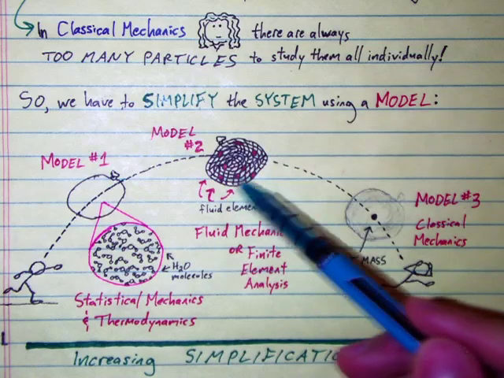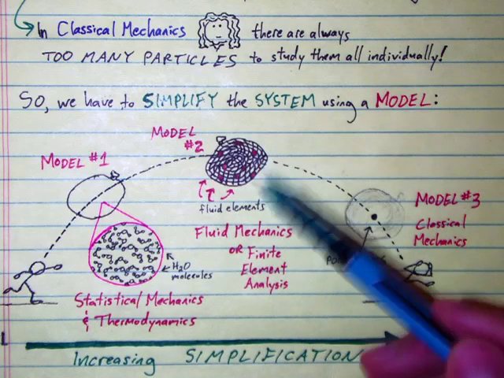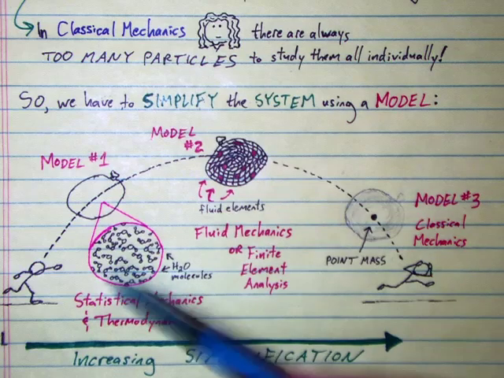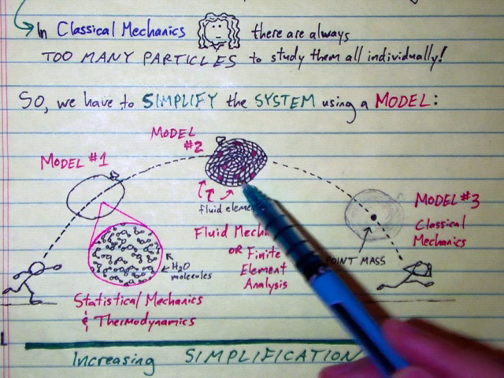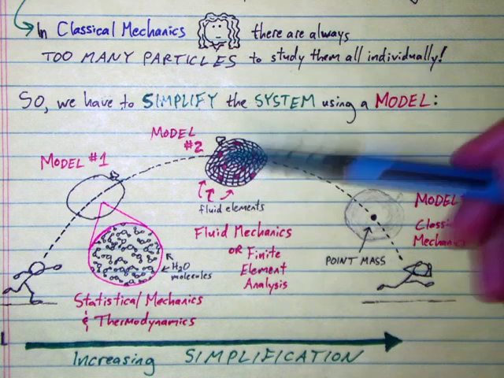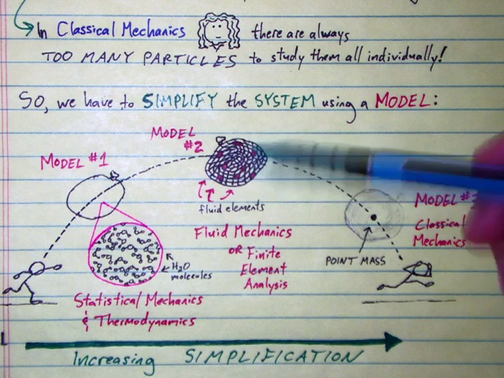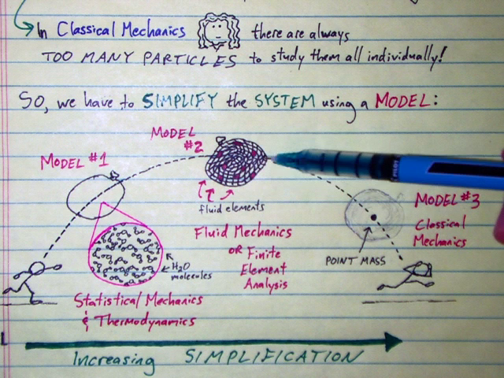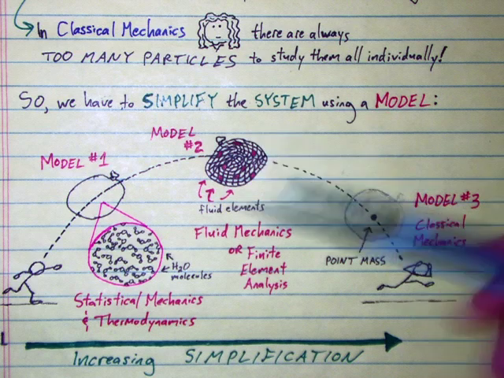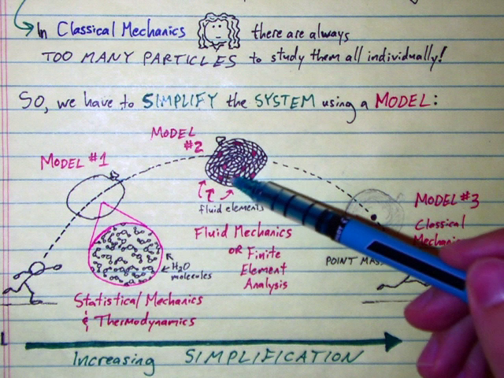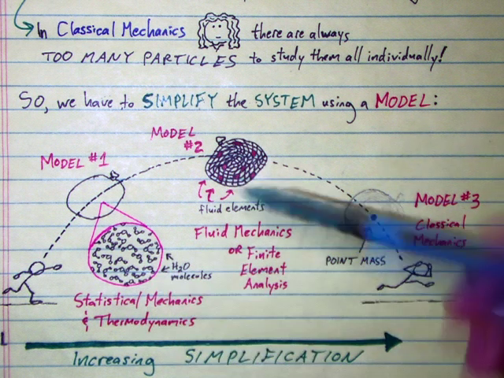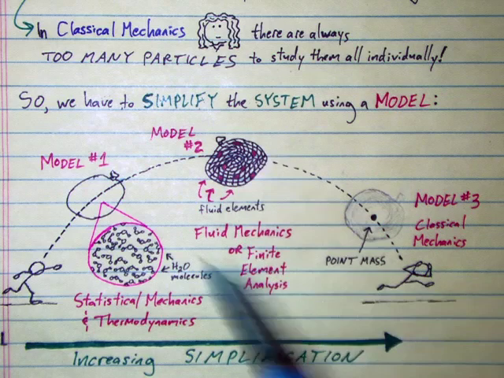Each one of these little fluid elements, I've colored in a few, contains zillions of molecules. One little fluid element contains zillions of molecules. But we have millions of fluid elements here. So if we treat our system like this by dividing it up into tiny pieces, but pieces that are still much bigger than individual molecules, we call that model fluid mechanics.